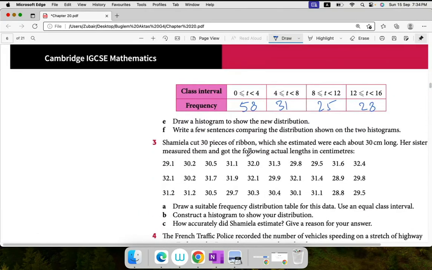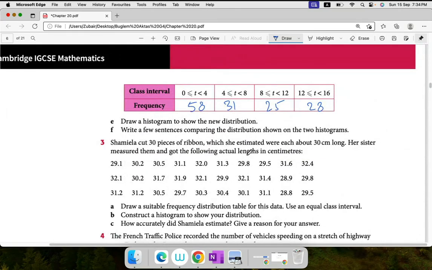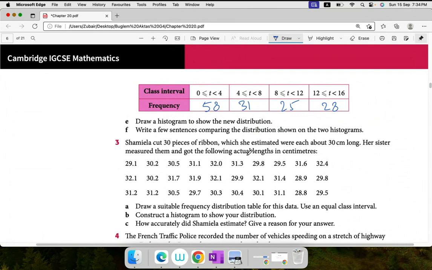Write a few sentences comparing the distribution shown on the two histograms. If we would just draw these two, that would be very easy to compare. But if he adds them again, 58 and 31 would be 89. I'm just trying to make you understand that when we make fewer columns, this is 53.